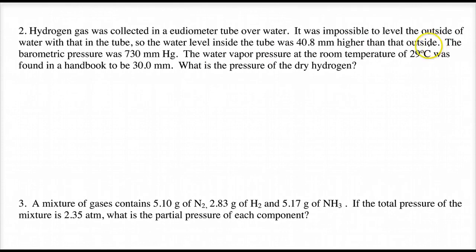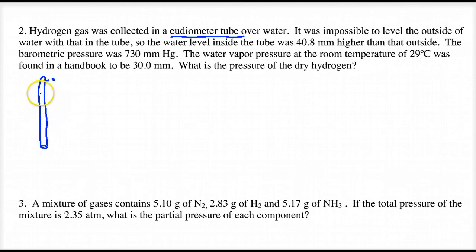Hydrogen was collected in a eudiometer tube. Now, a eudiometer tube is nothing more than a fancy name for a big test tube that we use to collect gases over water. So it was collected in a eudiometer tube, which means we had a long skinny tube, which by the way is calibrated from 0 to 1, so you're actually measuring how much gas will fill this up.